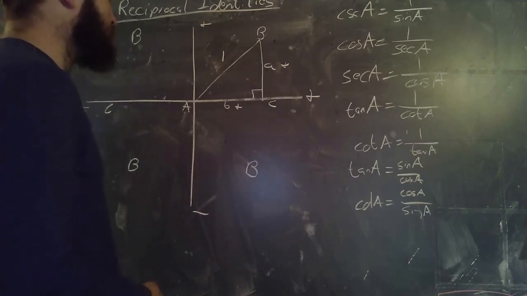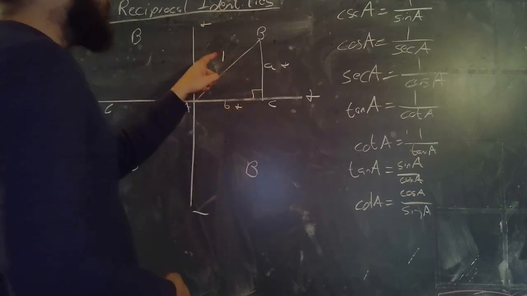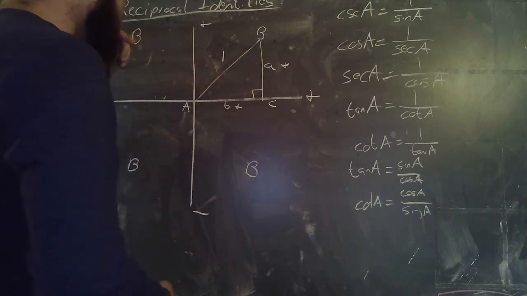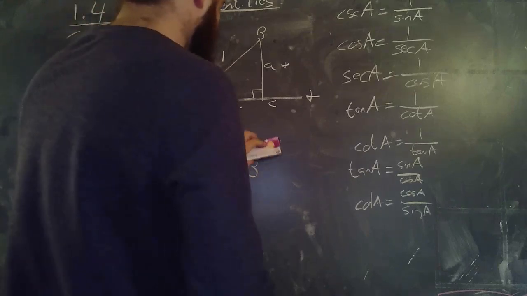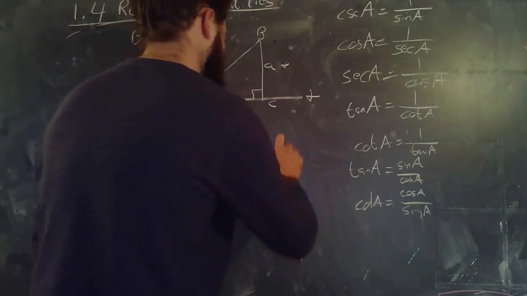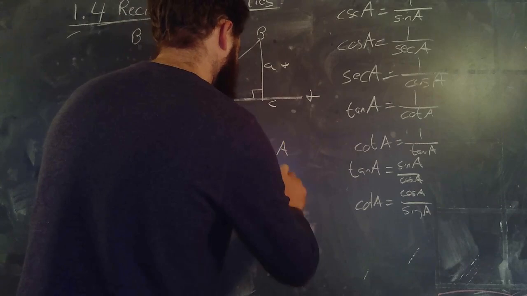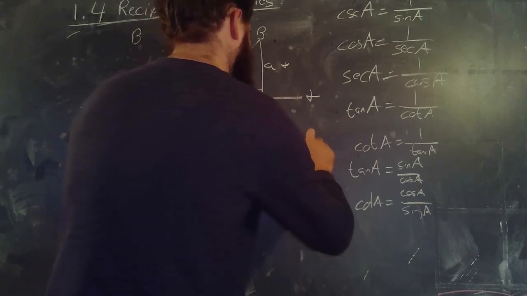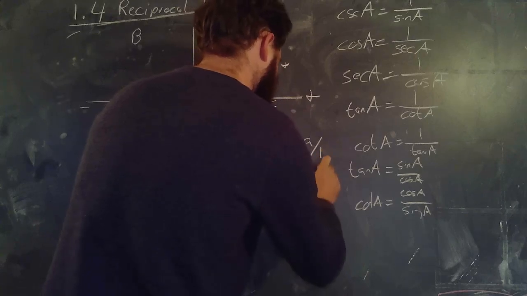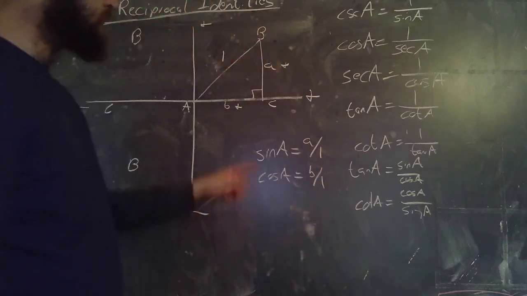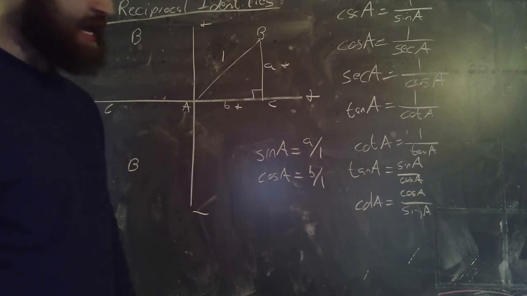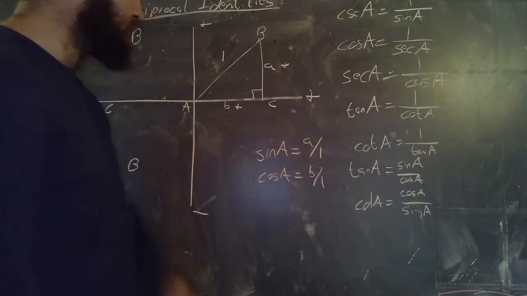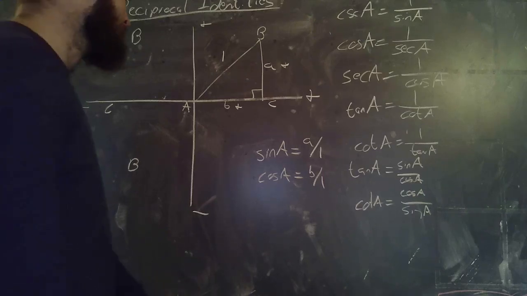Well, first of all, notice that if c is equal to 1, then both the sine and cosine ratio, sine of a and cosine of a, will be something over 1. In other words, sine just becomes a, and cosine just becomes b. Okay?